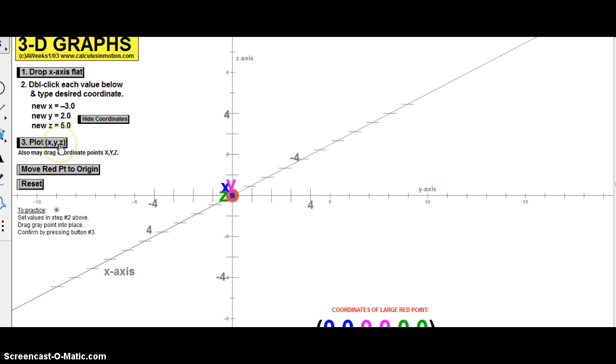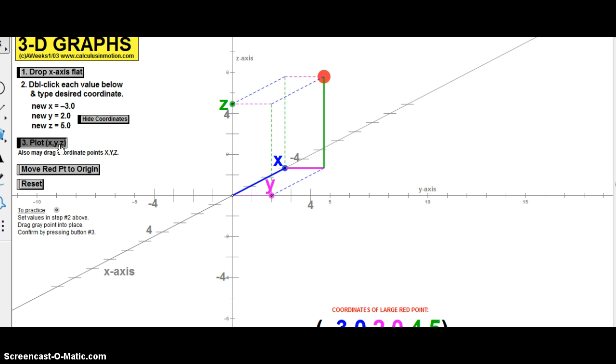Let's watch how the sketch pad draws it. So -3, and then to 2, and then up to 5. And again, the red dot is our point. This is our point that they asked us to draw on number 2. You can see how drawing the other three-dimensional shape, as you go, helps you draw the most accurate point.